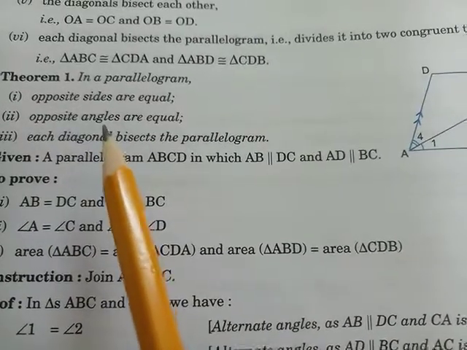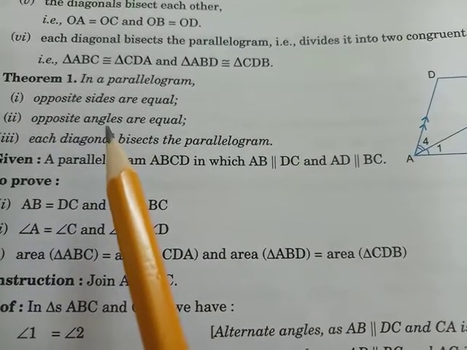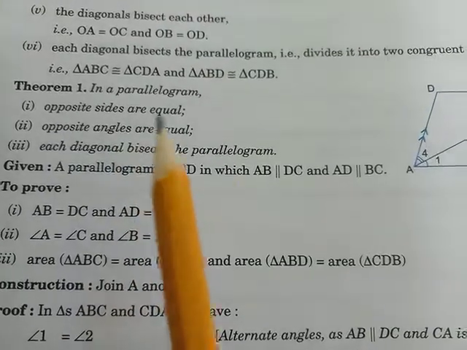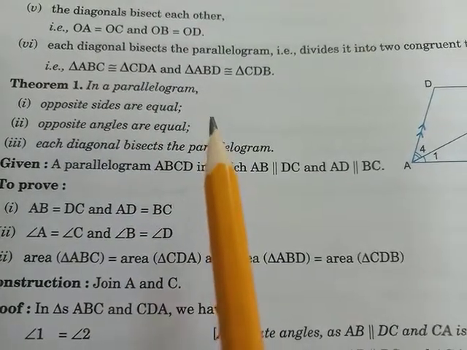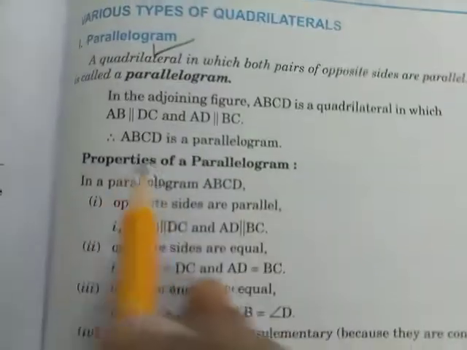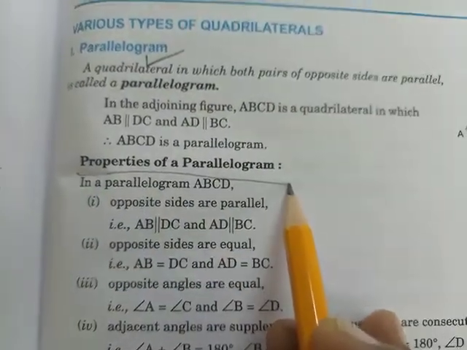Students, you have to write the properties of the various types of quadrilateral. Firstly, I discussed the parallelogram. So write the definition of a parallelogram and draw its picture. Write all the properties of a parallelogram.